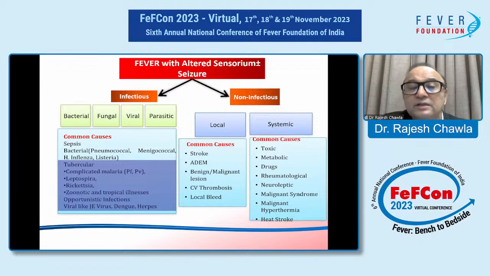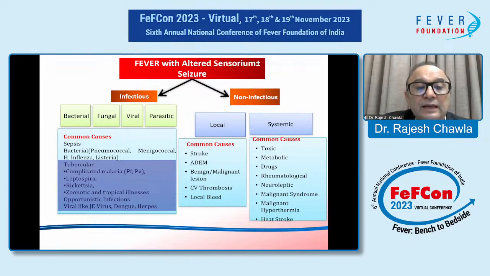Then fever with altered sensorium. Of course, meningitis will be the topmost, meningococcal or pneumococcal, then brain abscess, and sometimes tubercular disease can present as TB meningitis, complicated malaria, leptospira. Dengue doesn't usually cause encephalopathy.